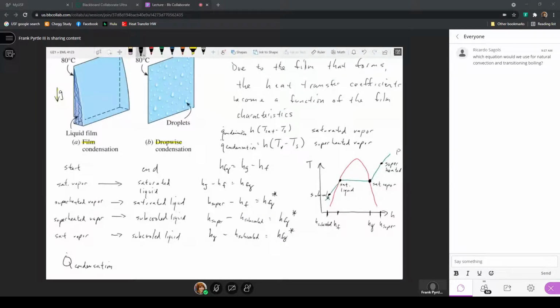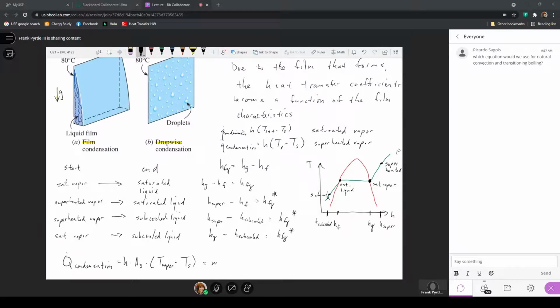Well, this will just be written as a heat transfer coefficient times the surface area where condensation is occurring times the temperature. So I'm going to write this as the temperature of the vapor minus the temperature of the surface.